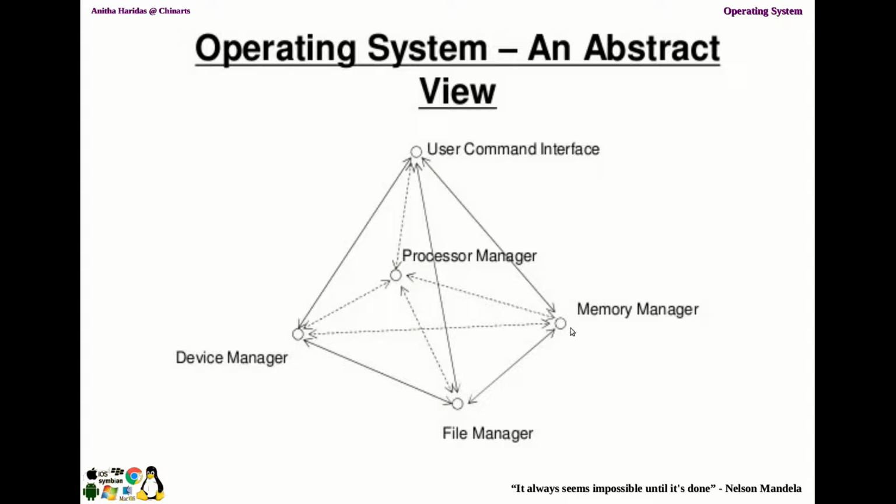Each module is used for managing one of the resources of the computer system, because we know that to complete a task in a computer we need different resources, like the input output devices, memory, the processor and the files.